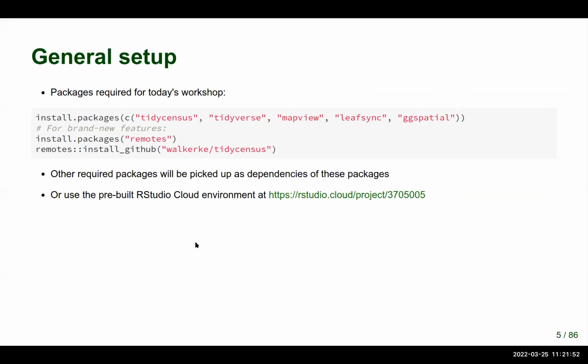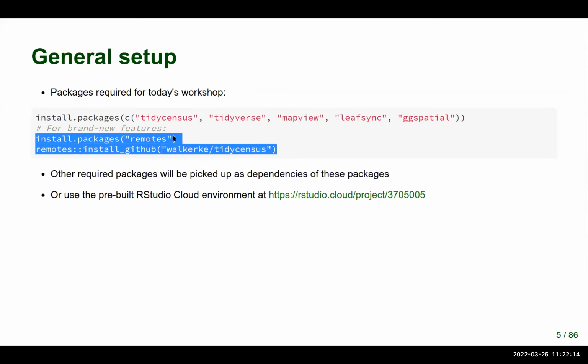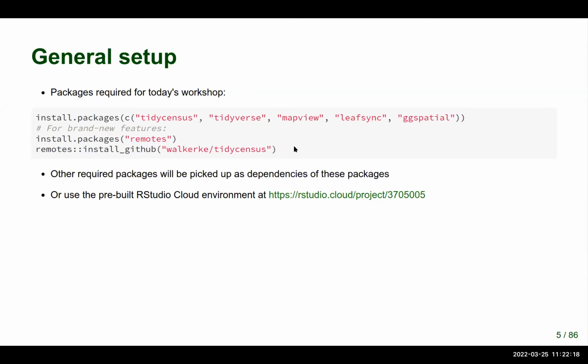And let's go ahead and keep moving. If you are running R locally and you want to run every example, I've actually added some new features to tidycensus this week to deal with some of the new data. Most of the examples will work. I'll let you know when they won't. But if you want the most up-to-date version of tidycensus to get everything to run, use this code here. install.packages("remotes"), and then remotes::install_github("walkerke/tidycensus").